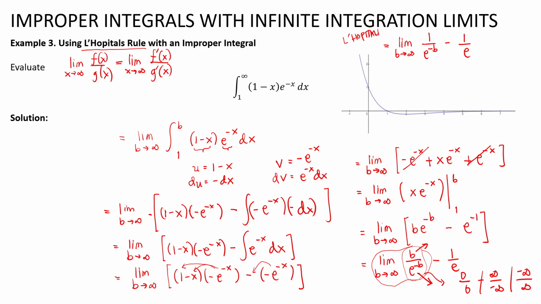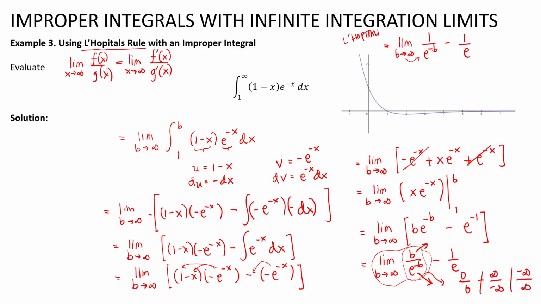Okay, so if you try to plug in the infinite limit now, this gives us a value of 0, because e to the power of infinity is a very large number, and 1 divided by a very large number approaches 0.